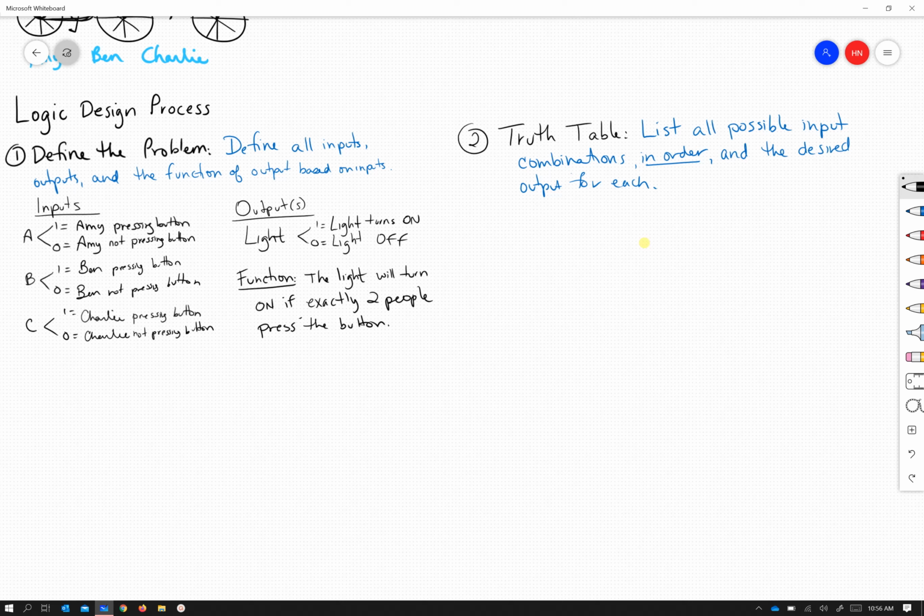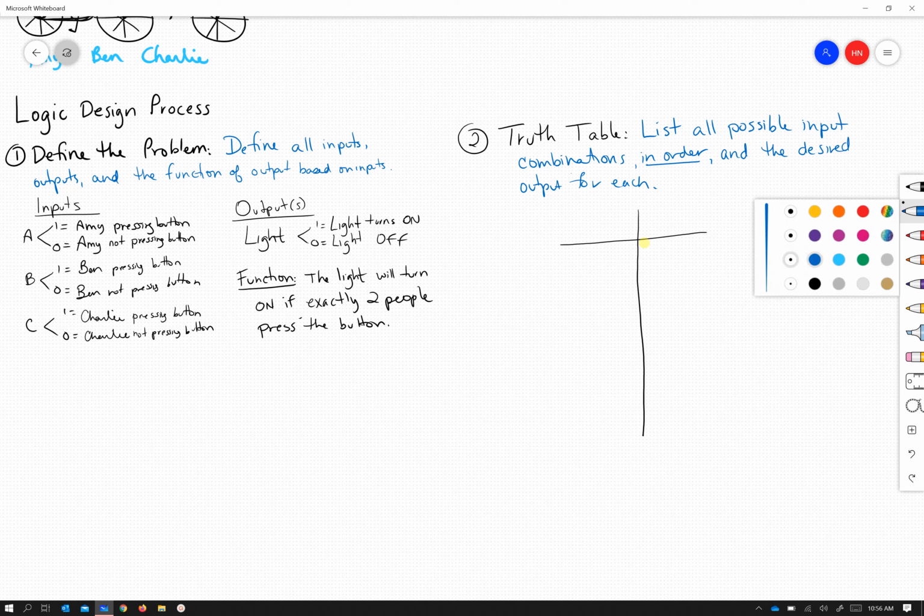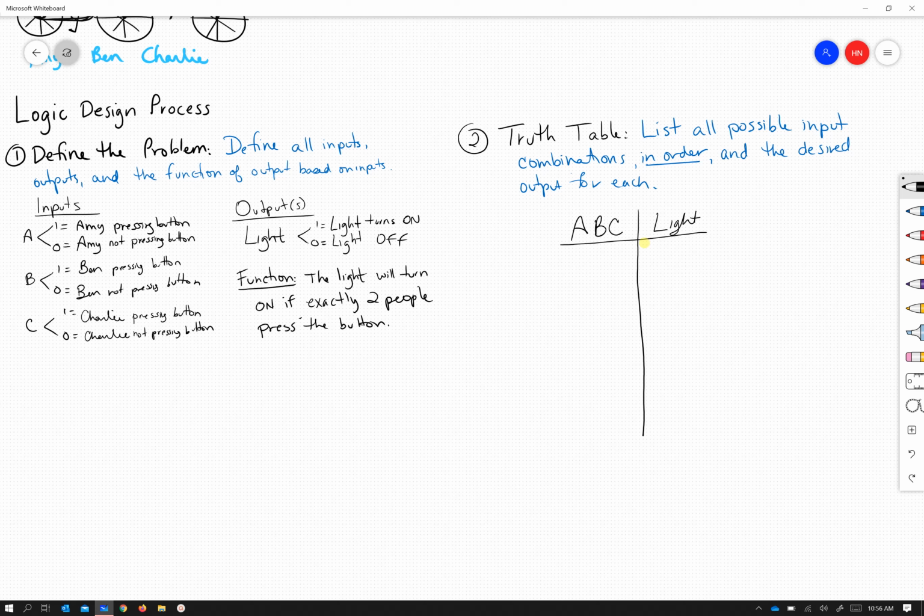A truth table looks like this: on the left side, we're going to put our inputs, and those are going to be, in this case, A, B, and C. And our outputs go on the right-hand side. And I'm just going to write the whole word. That's the light. Okay. And so all the possible input combinations in order.